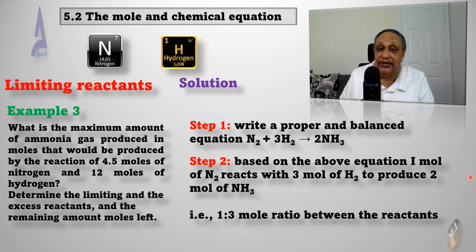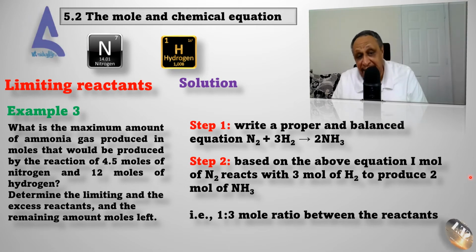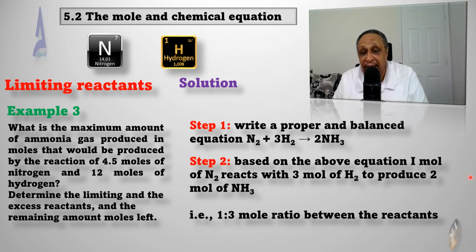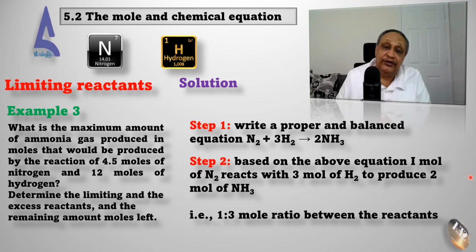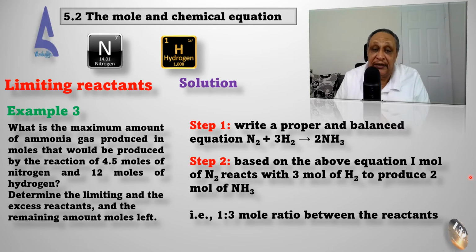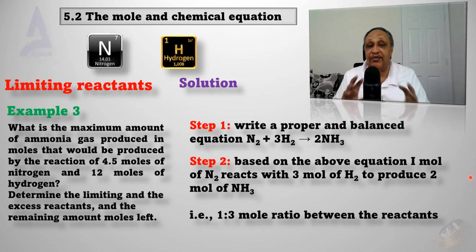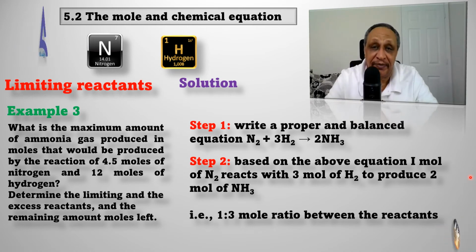So it is 1 to 3 if we are talking about nitrogen and hydrogen, 1 to 2 for nitrogen and ammonia, or 3 to 2 if we are talking about hydrogen and ammonia. Let us go one by one and see how we are going to solve this problem.